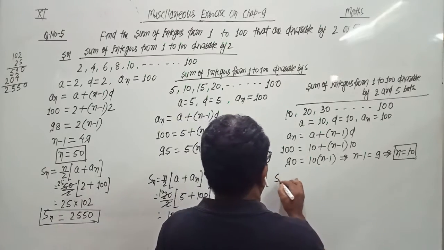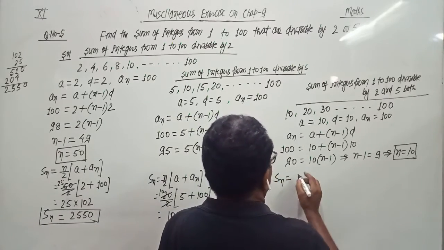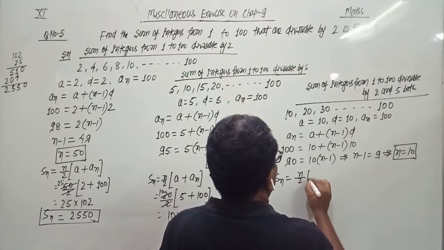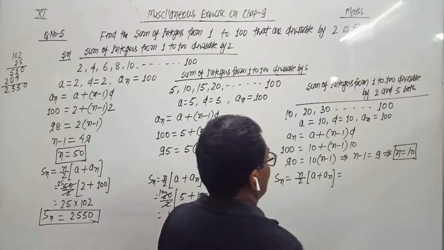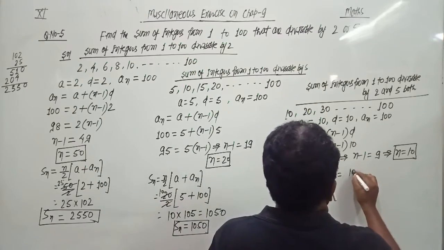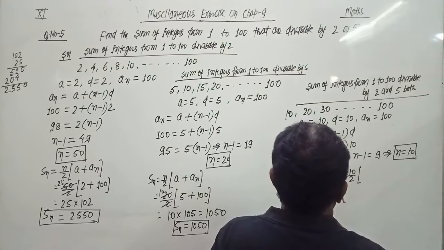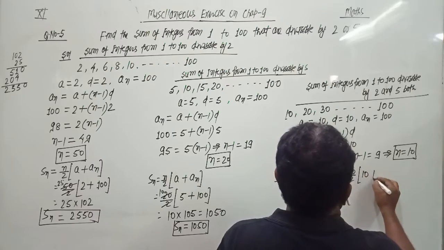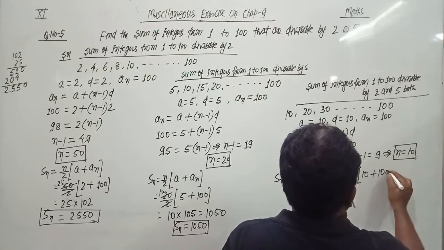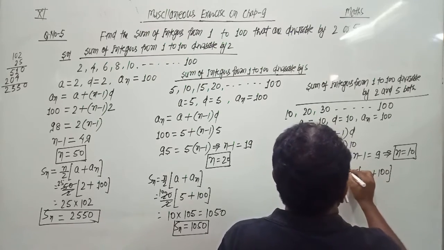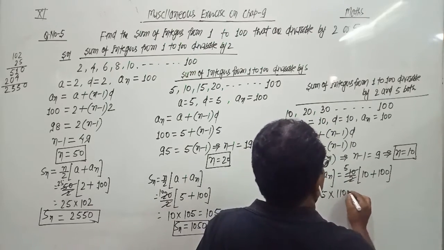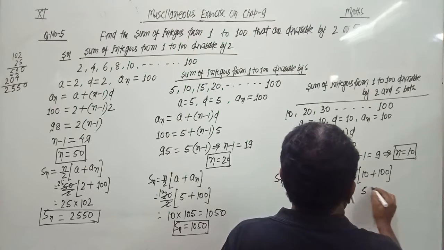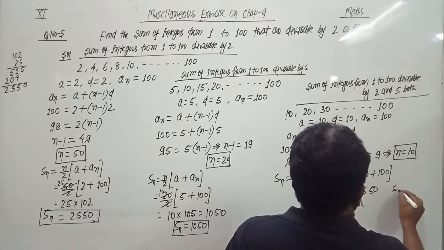Then again we calculate the sum of those numbers. So N by 2, A plus An. The value of N is 10, so 10 by 2. The first term is 10, the last term is 100. So 10 plus 100 is 110, we get 5 into 110, that is 550.